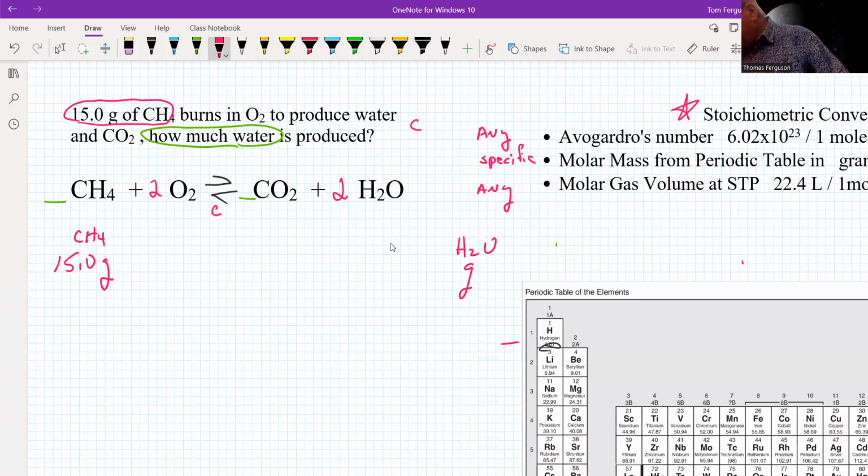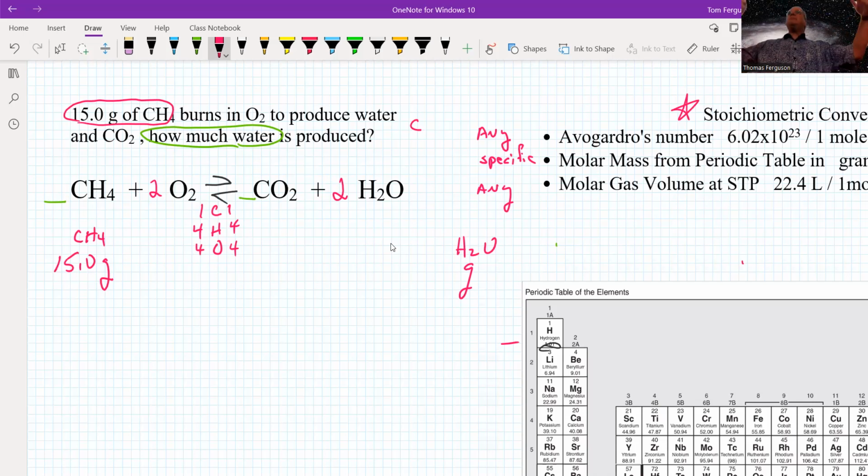And let's make sure that's right. So we have 1 carbon on each side. We've got 4 hydrogens on each side and 4 oxygens on each side. So it's definitely balanced.